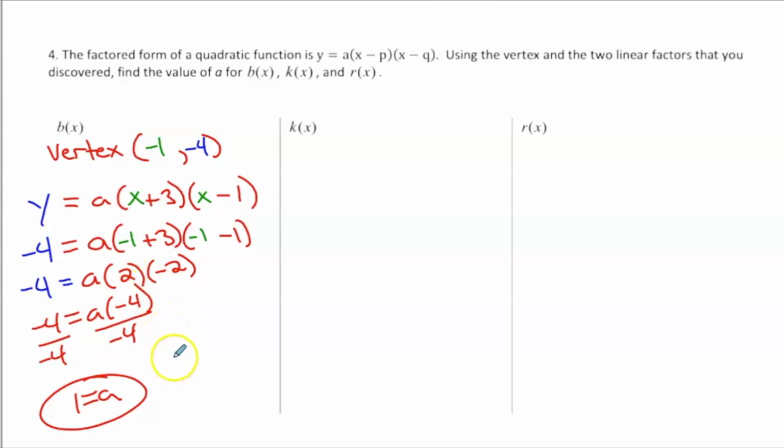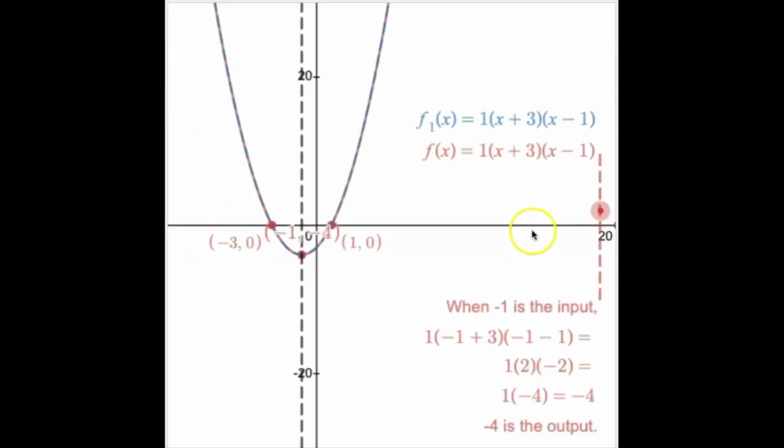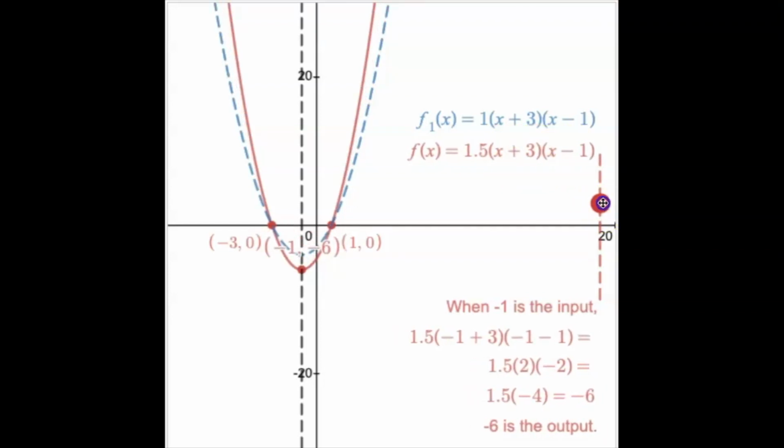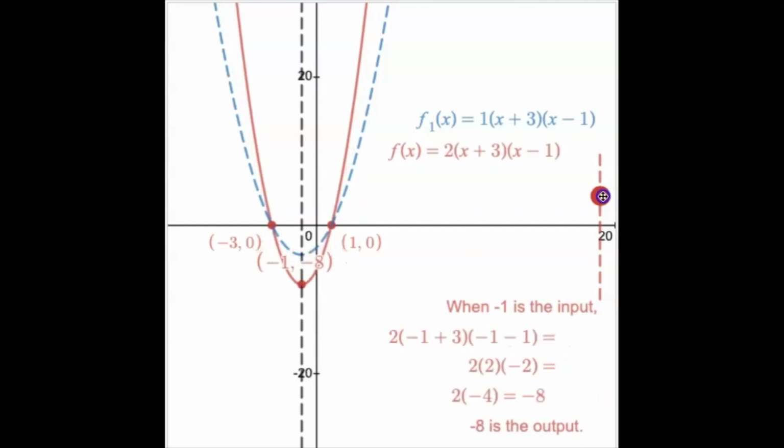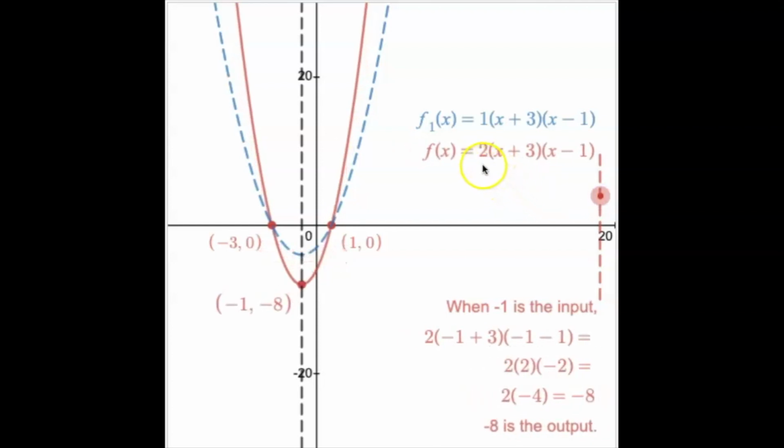So next we're going to look at the different a values and how that affects the graph of the parabola in factored form. What we have here is two functions. They both have the same zeros, which means they have the same linear factors. And all I'm going to do is change the a value, and we're just going to look and see what happens. This blue one is going to be the dotted line that stands still.